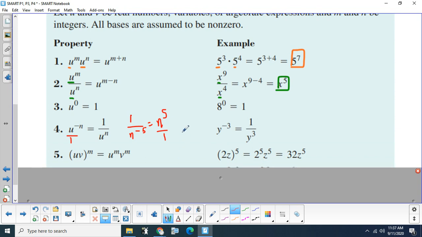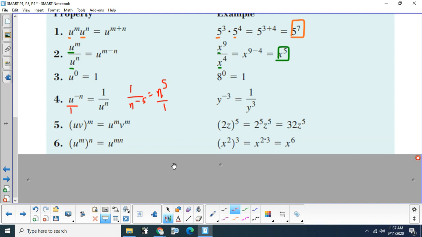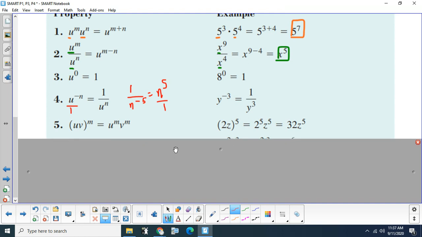The next two properties actually go together a little bit. These are power properties, and they have different ways of applying it. If you have a power outside and you have two bases inside the parentheses, that power is going to be distributed, so to speak, into each of them. Now that power can only be brought in if you are multiplying, or if you're dividing, you can also bring it in.